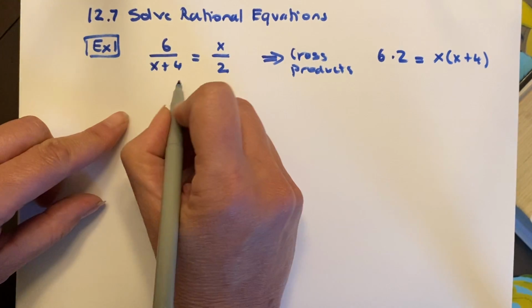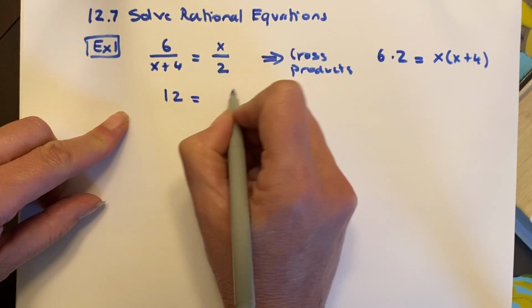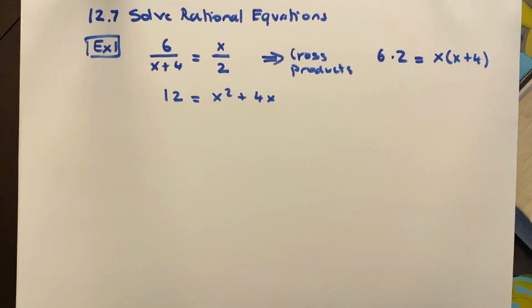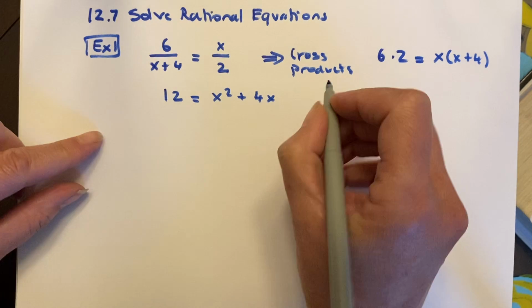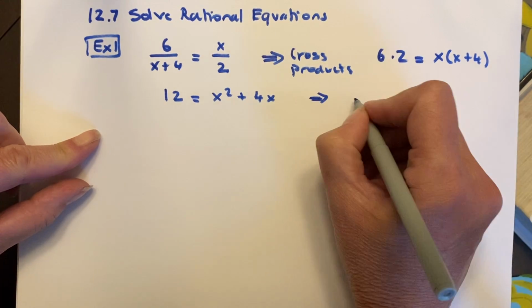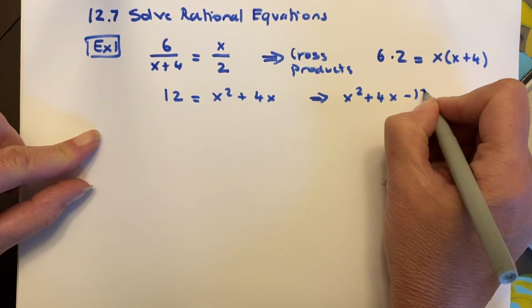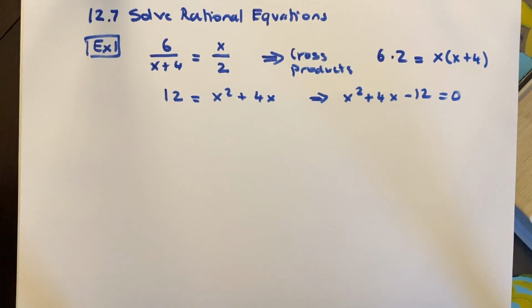And you end up with 12 equals x squared plus 4x. And if you set that equal to 0, you'll have x squared plus 4x minus 12 equals 0.